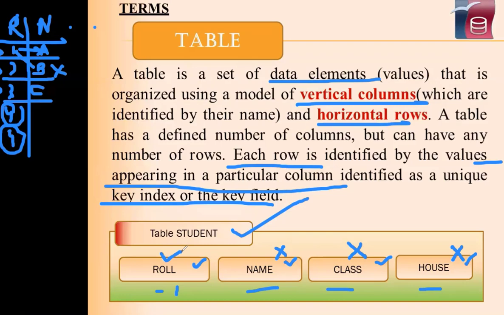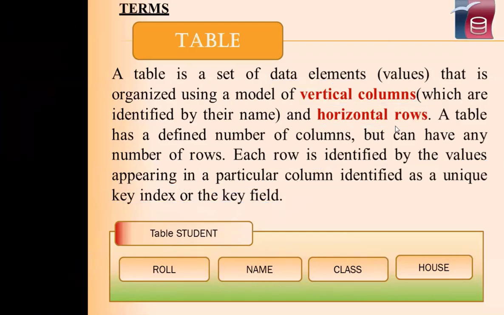In case you are talking about the school table and the roll number of the students is getting repeated because we are talking about the class roll numbers, then you should have one more field over here which is kept as a special field as the key field. ID of the student or the admission number of the student, that will become the key field. And this roll number will not be considered as the key field. So that's about the concept of table and the fields.